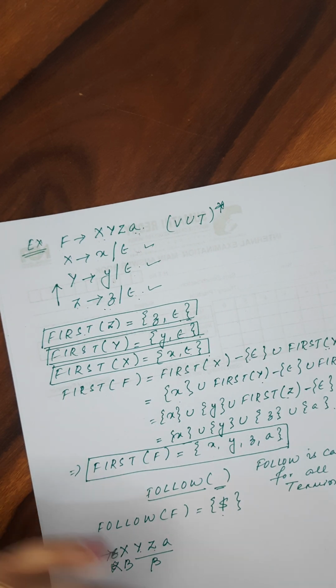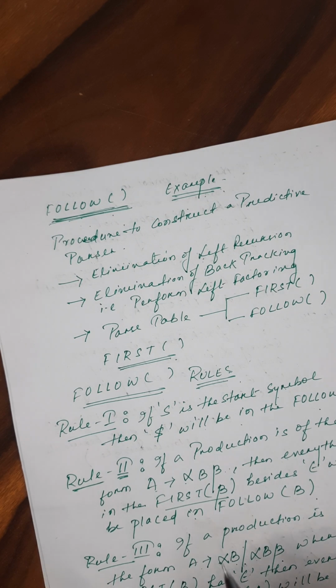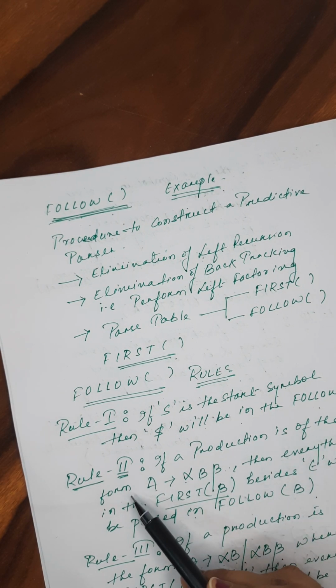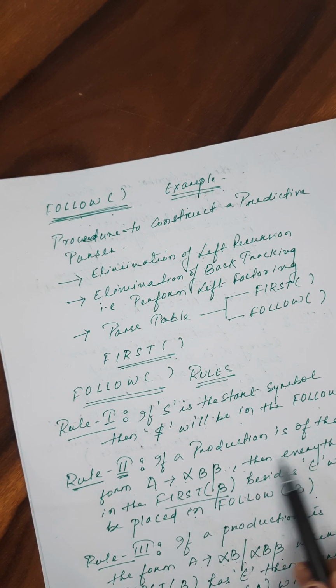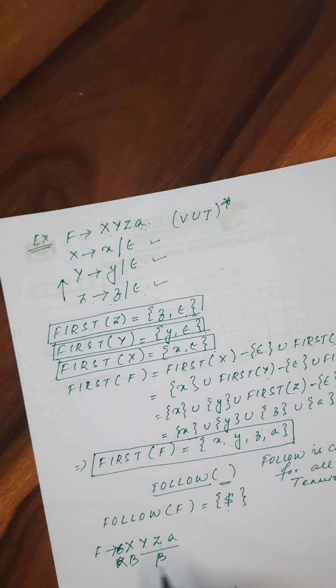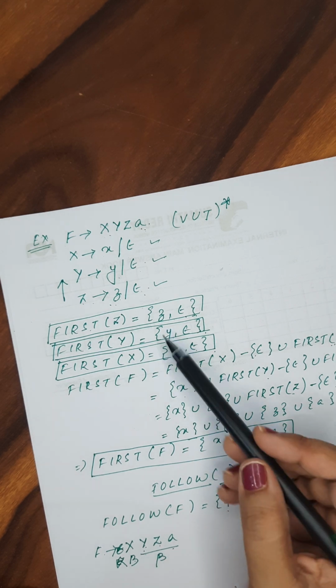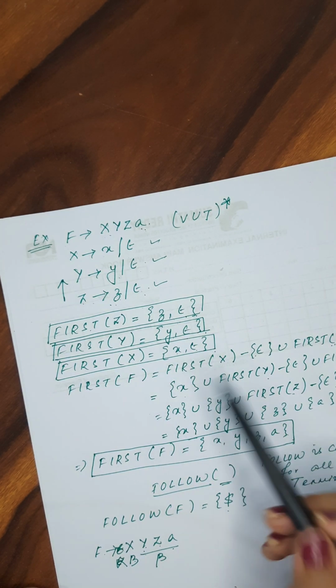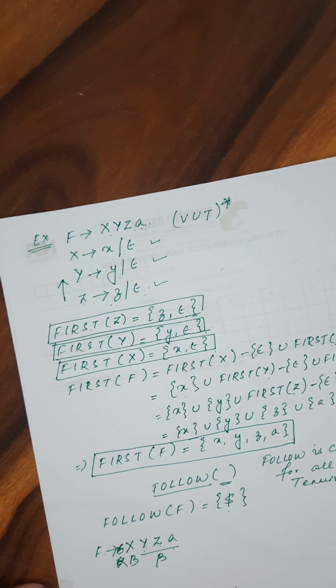The formula is: if a production is of the form A tends to alpha B beta, then everything in the first of beta besides epsilon will be placed in the follow of B. Now, what is beta? Y, Z, A. Now, Y produces epsilon. Then we can apply the formula. How to apply the formula?